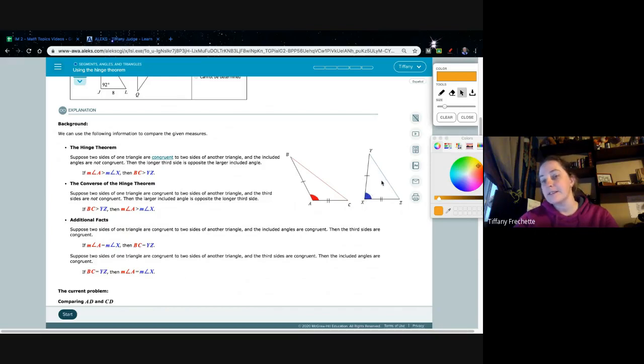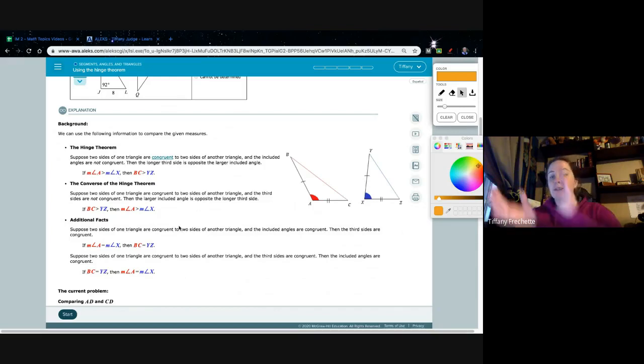Not thinking about it. So across from X is YZ. So this red line needs to be longer than this blue line. And that's the Hinge theorem.